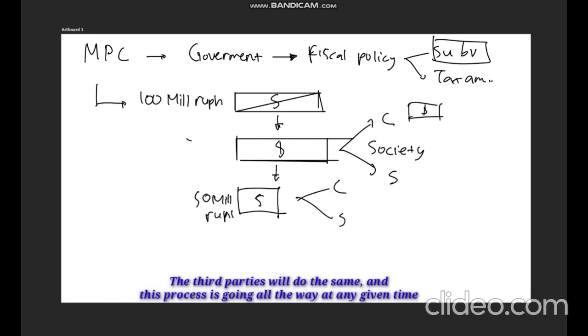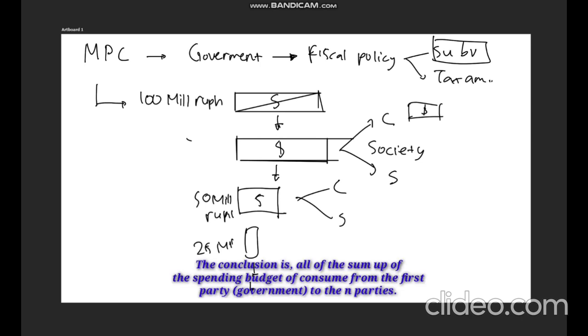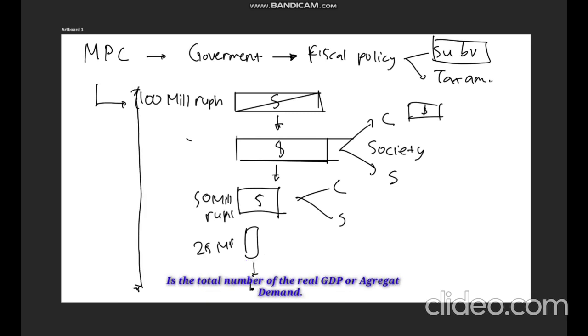The third party will do the same, and this process goes on all the way at any given time. The conclusion is that the sum of all the consumption spending from the first party, the government, to the end parties is the total real GDP at aggregate demand.